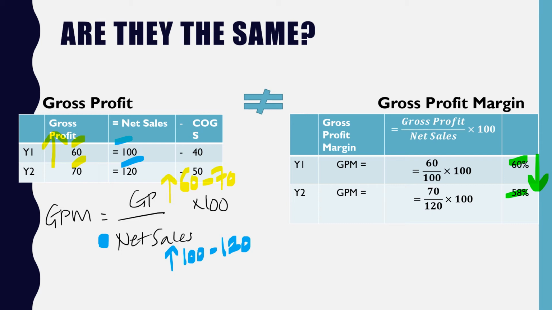For those who enjoy looking at the solid evidence, the mathematical evidence for this, let us have a look at the percentage of change in the gross profit. So the gross profit actually increased by $10. And if we compare it to the original $60, this was actually an increase of 16%.